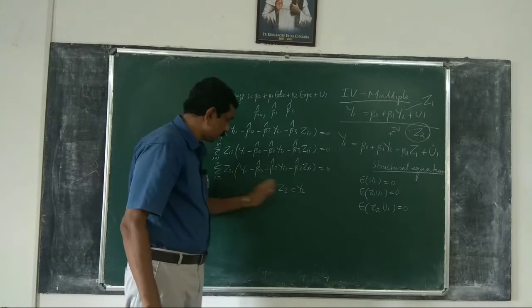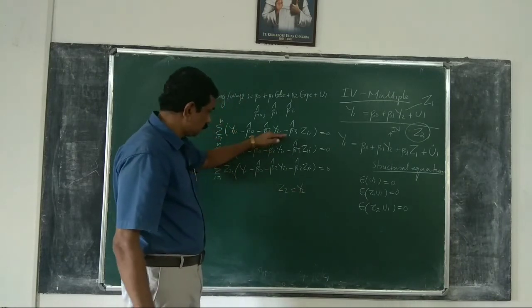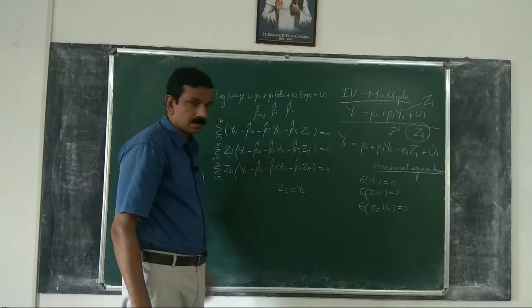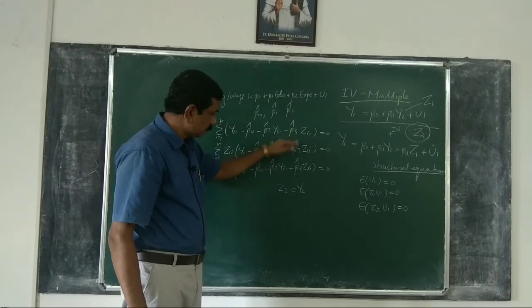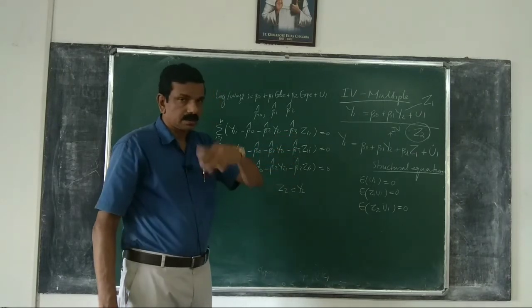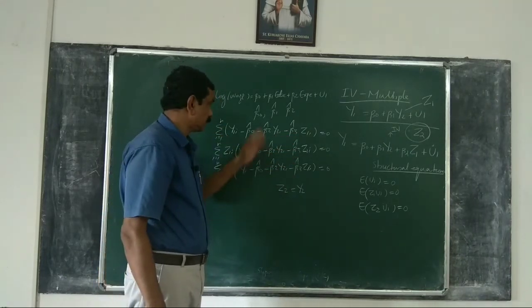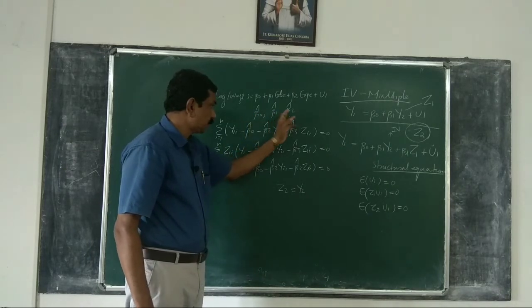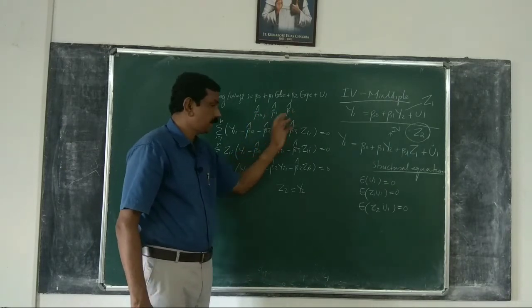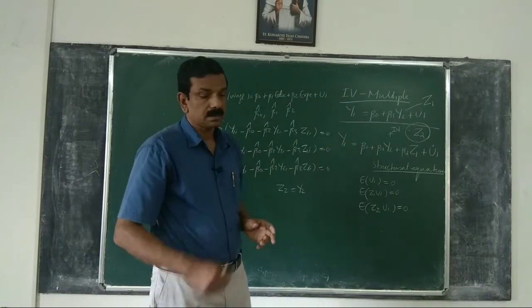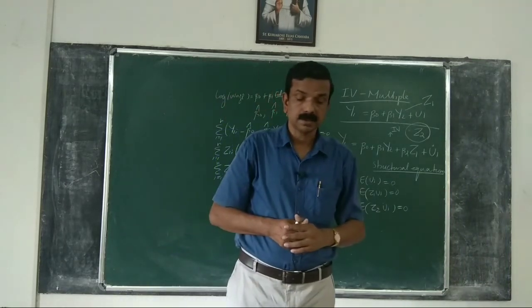If Z2 is equal to Y2, the 3 normal equations correspond to the 3 normal equations of OLS in the multiple linear regression model, and IV estimators will be the same as OLS estimators.